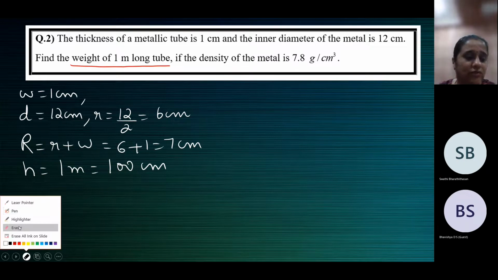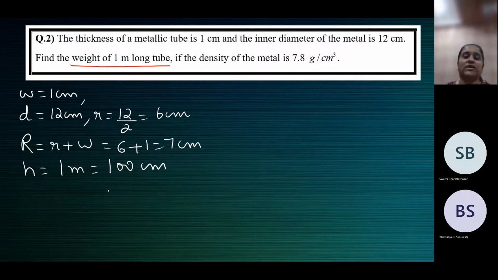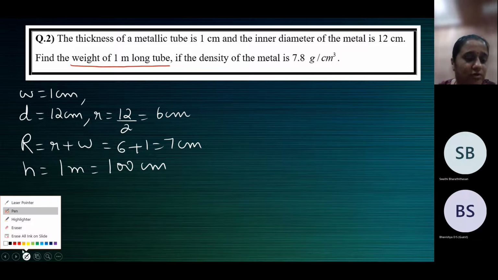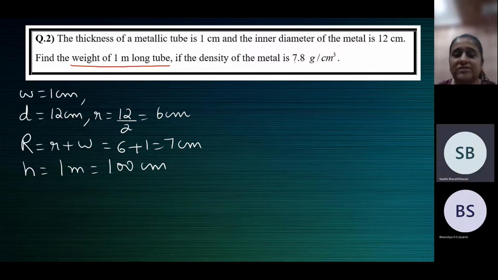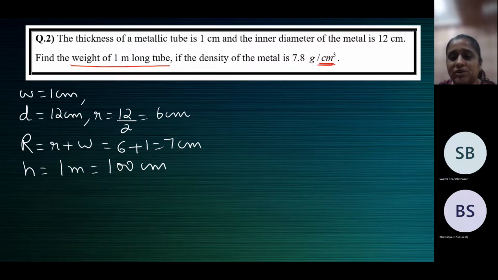Okay, now Swati said she'll find the volume. Now, why volume? Because it's given 1 centimeter cube, and 1 centimeter cube means volume. 1 centimeter cube of the metal has a density of 7.8 grams.